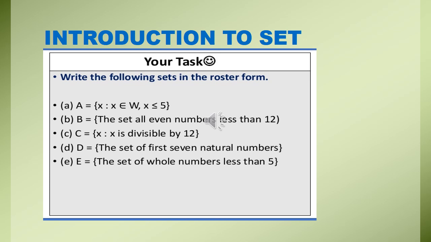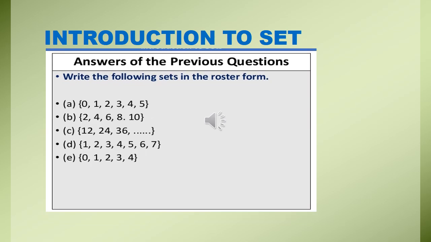And what is another name for listing form? Yes, the other name for listing form is tabular or roster form. Clear? Do it quickly. Dear students, good mathematicians have sharp minds and they solve every task quickly.